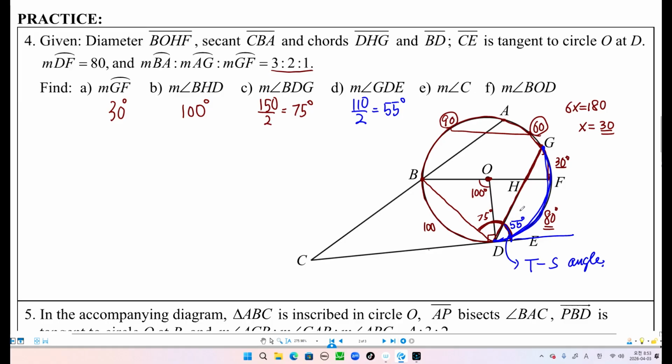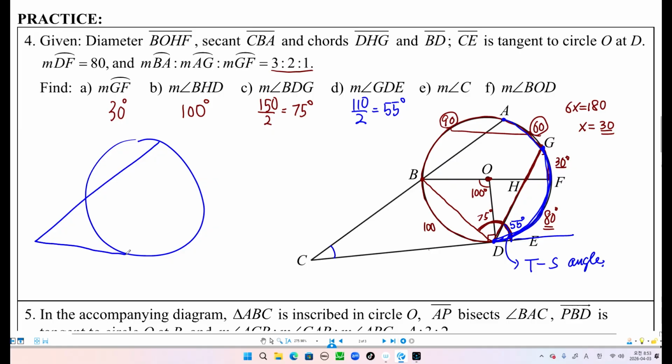Now angle C. Angle C is what? Exterior angle, right? Intersection outside of the circle, okay? So where is it? This one. Point of view, all the way down here. Okay, maybe you can find it this way. That's easier, right? So we have a 1-point, 2-point, 3-point intersection with this circle, okay? So from here to here, how much? 60 plus 30 plus 80, right?